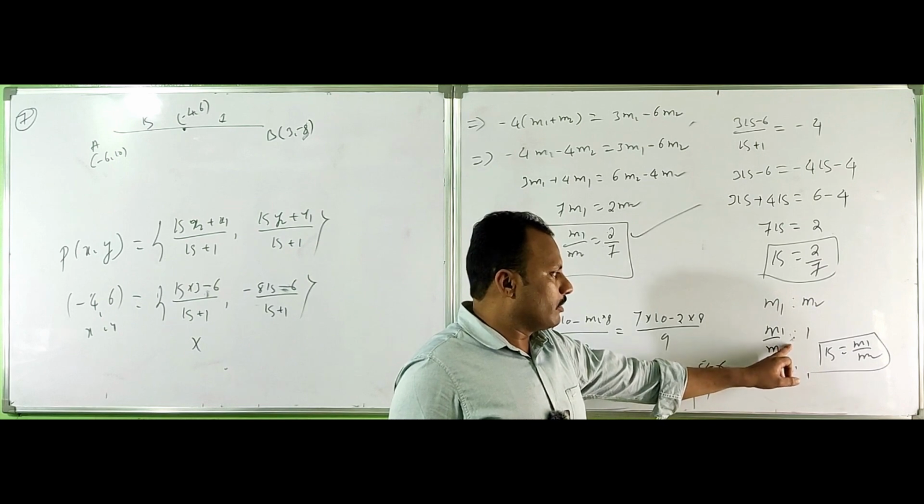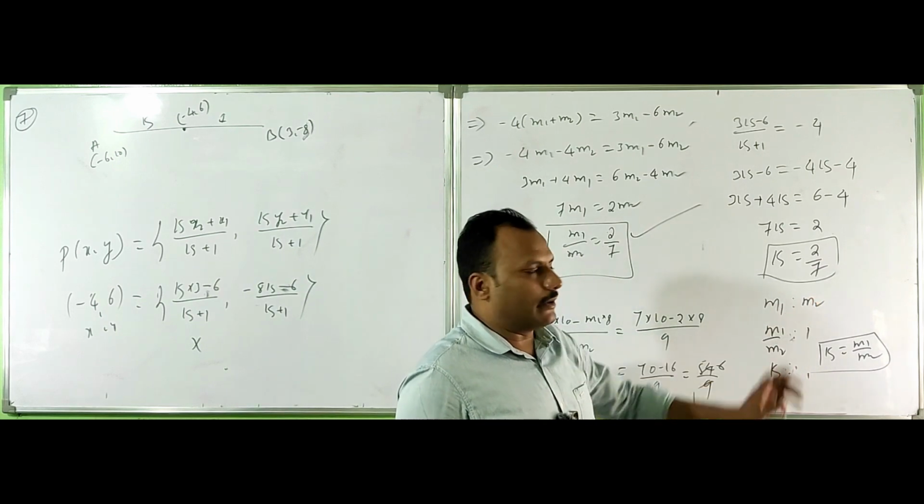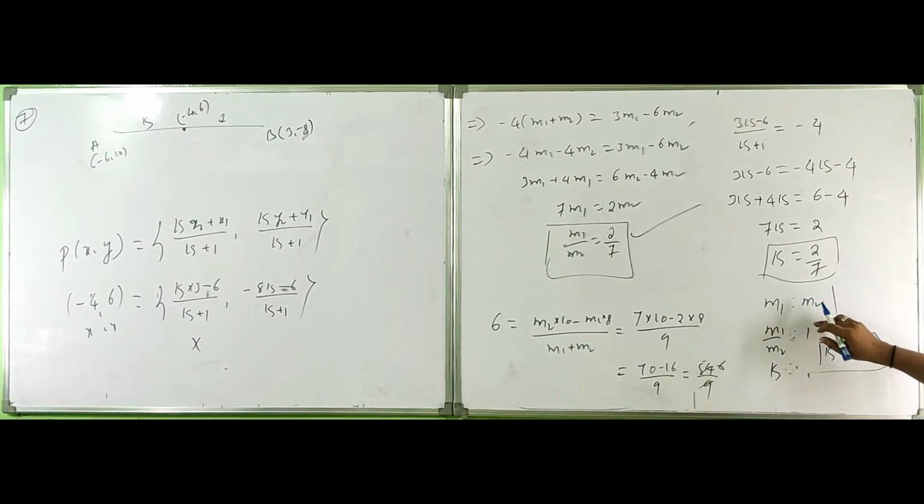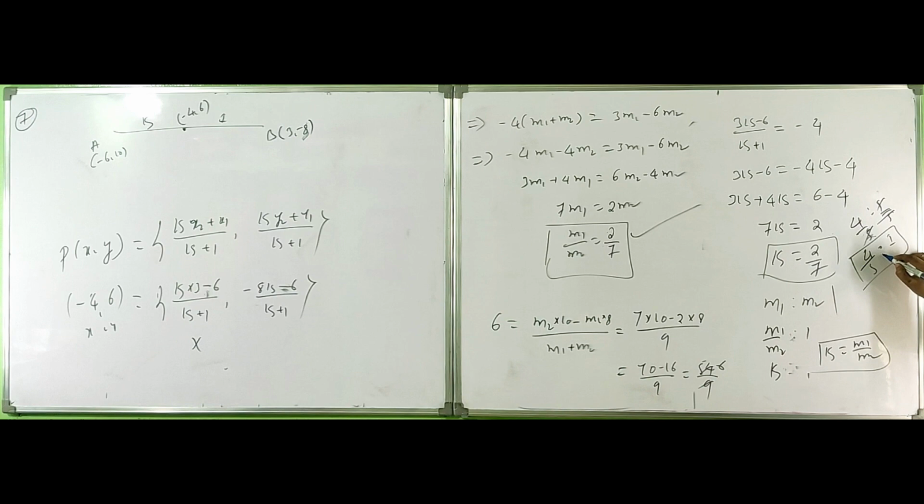What does k mean? m1 by m2. Here we can divide by m1 and m2. 4 is to 5, now you can divide by 4 and by 5. The 5 and 5 cancel, 4 by 5 we got 1. Similarly, m1 by m2 equals 1. So what is k? m1 by m2. This is the alternate method.